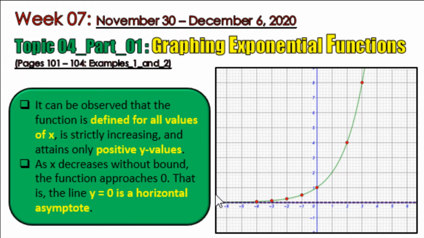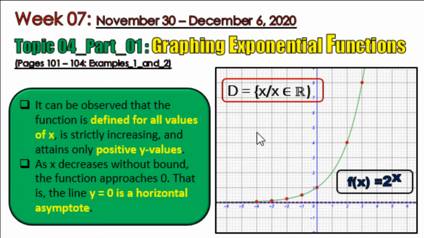As you can see in this graph, if we extend this infinitely, for all the values of x, there is a corresponding value of y. So the domain of this function is the set of x such that x is an element of real numbers. You can assign any value of x as long as this x is an element of real numbers.